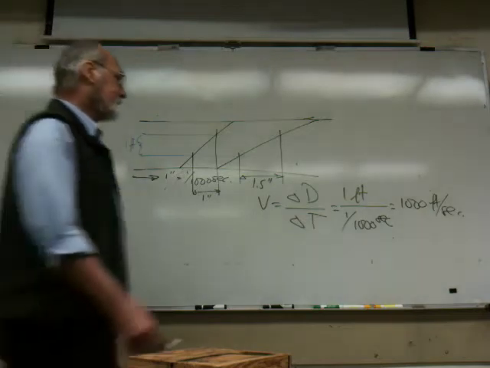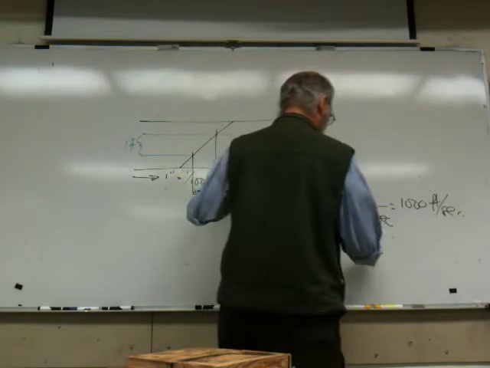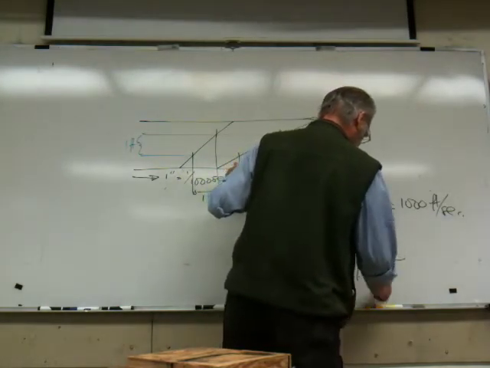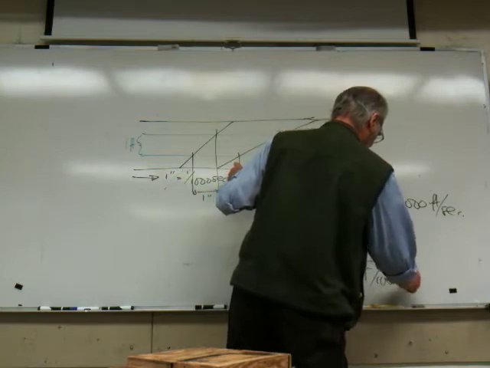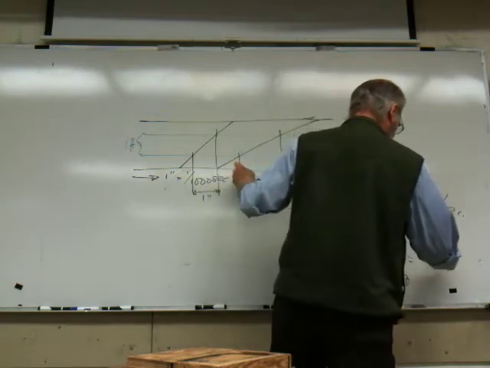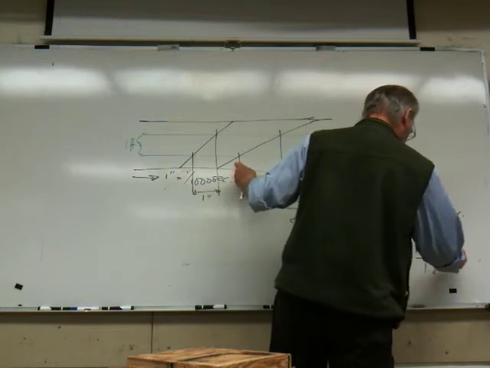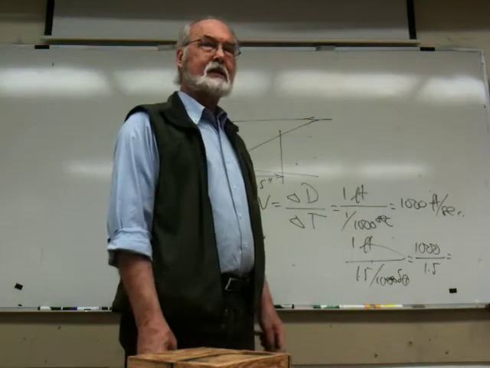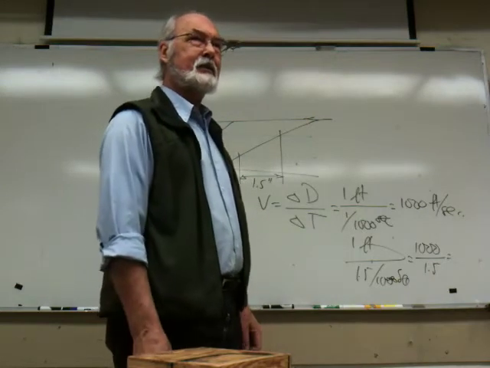Slower. It traveled 1 foot in how much time? 1.5 1,000ths of a second. Or, this will be 1,000, right, divided by 1.5, which is, what, 666 and 2/3?